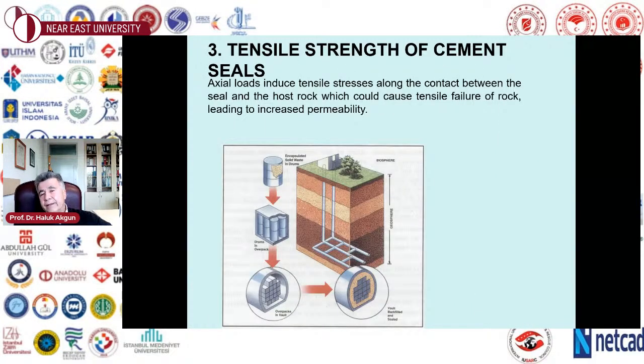We have temperatures up to, at that time, calculated up to 90 degrees in the sealant areas. So we wanted to use temperature as one of the parameters. And the host rock was not fully saturated, it was partially saturated. We wanted to study the effect of degree of saturation on this kind of a sealing system.